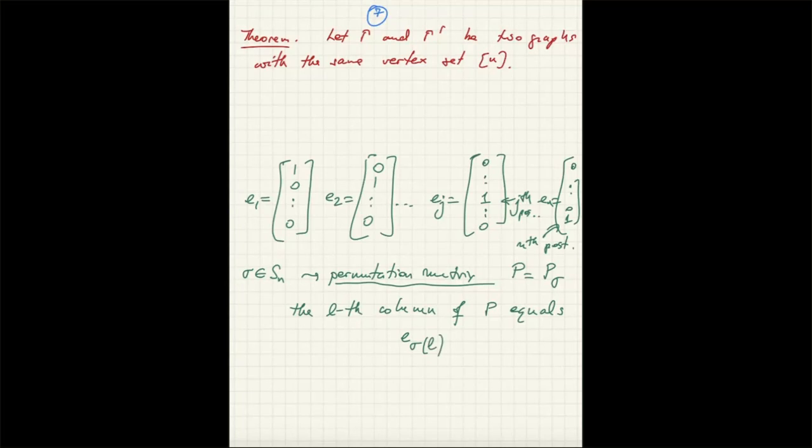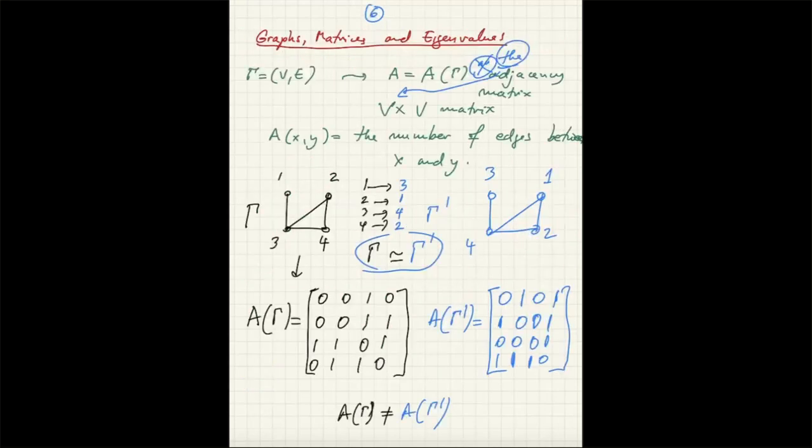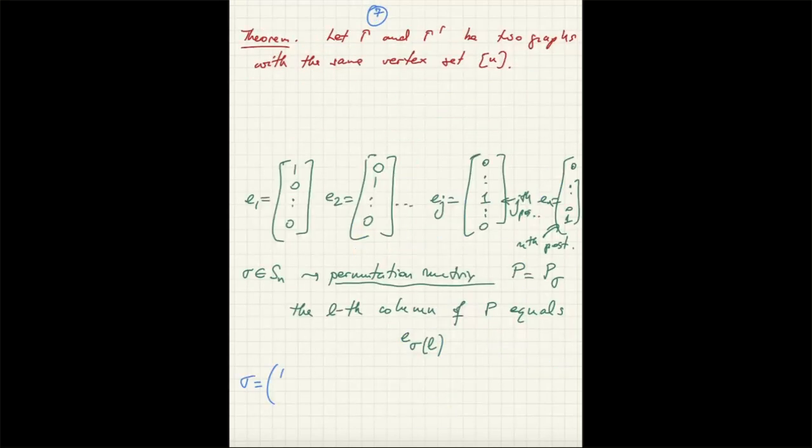Okay, so as an example, take the permutation involved in our previous example, 1, 2, 3, 4 going to 3, 1, 4, 2. For the permutation matrix P of sigma, 1 gets mapped to 3, so the first column is going to be E3. Then 2 is mapped to 1, so the second column is E1. 3 gets mapped to 4, so you get E4.